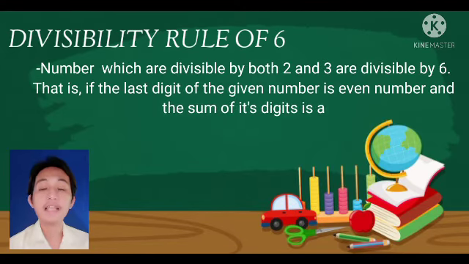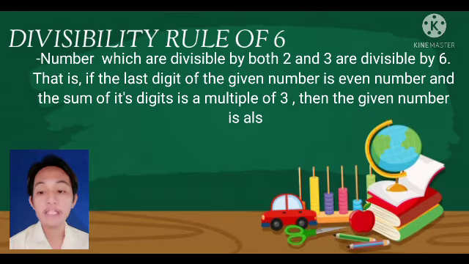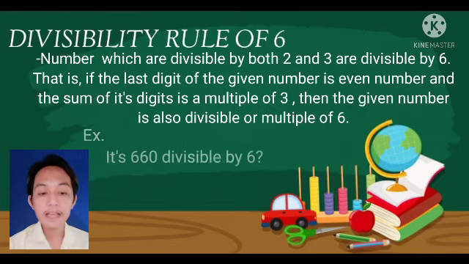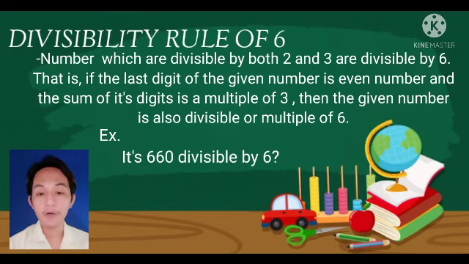That is, if the last digit of the given number is even and the sum of its digits is a multiple of 3, then the given number is also divisible by 6. For example, is 660 divisible by 6? We take a look at the last digit, which is 0, because 0 is always divisible by all numbers.